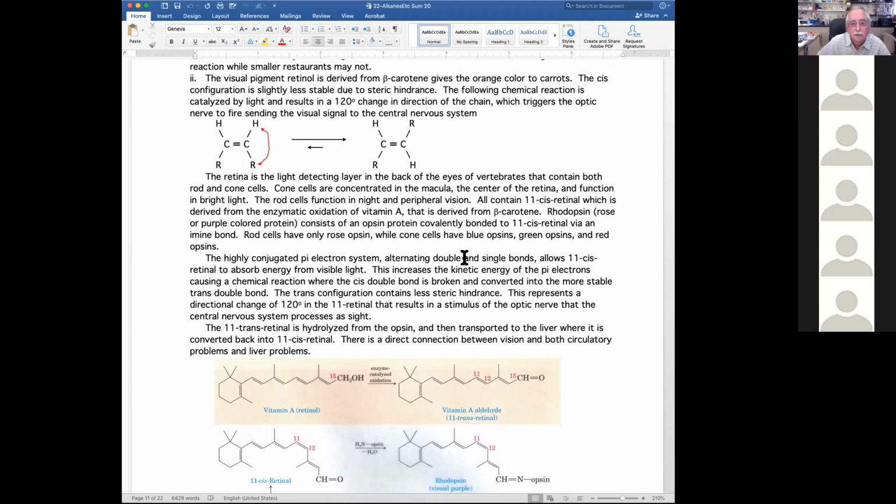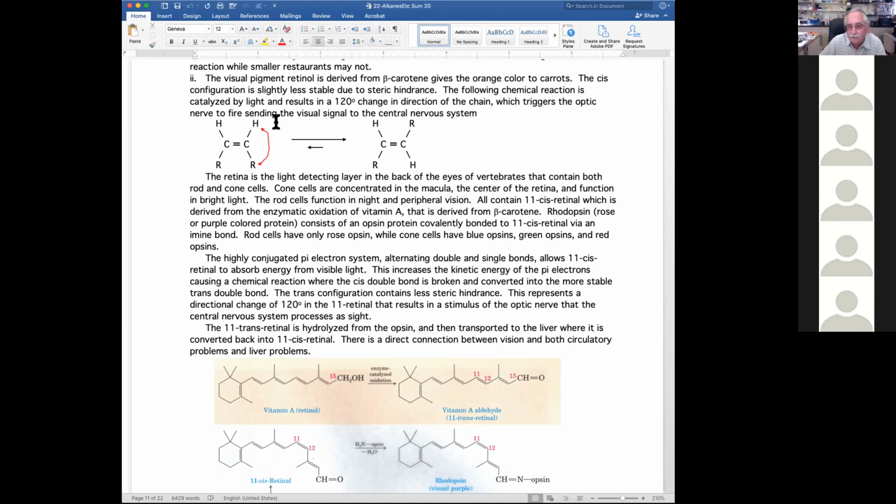Anyway, so here's what happens. If I change from a cis to a trans, right? How much of a degree change is that? I'm looking at this bond angle and I care about this part right here. If I change this part up to like this, that's a 120 degree change in direction of the chain.